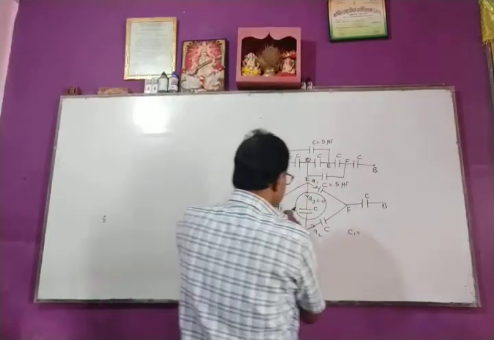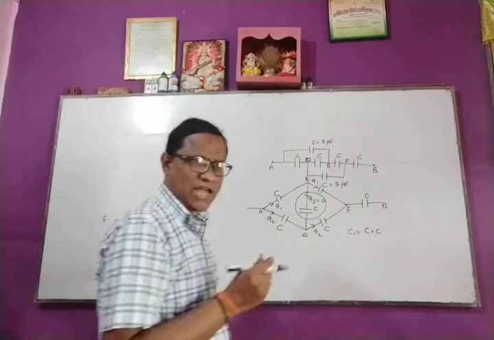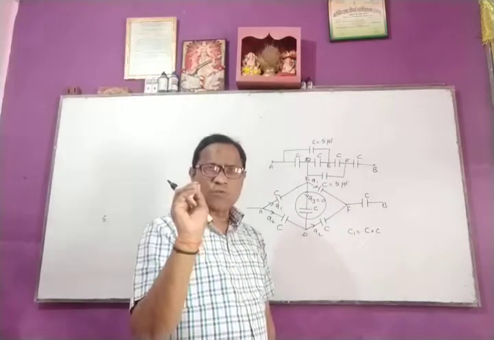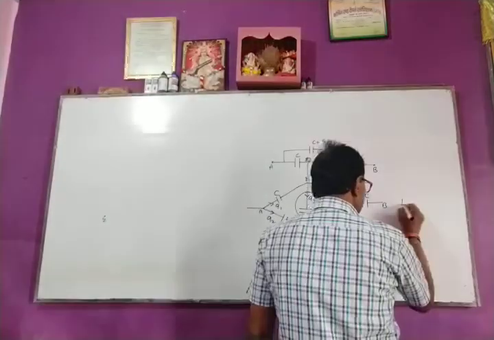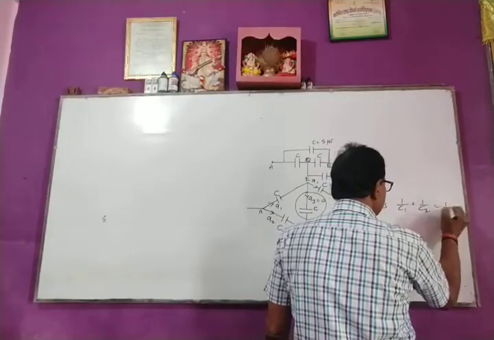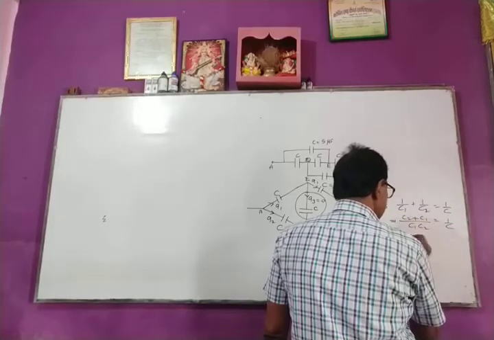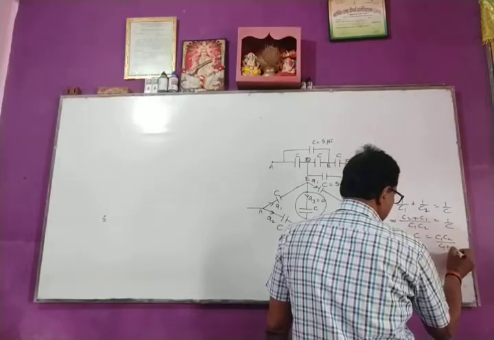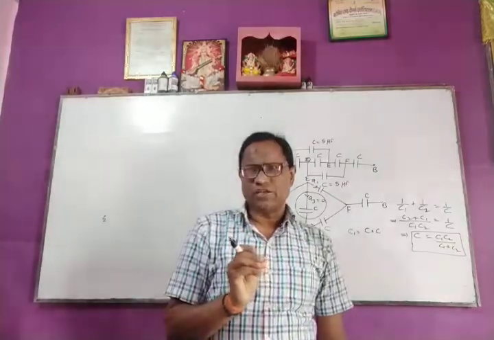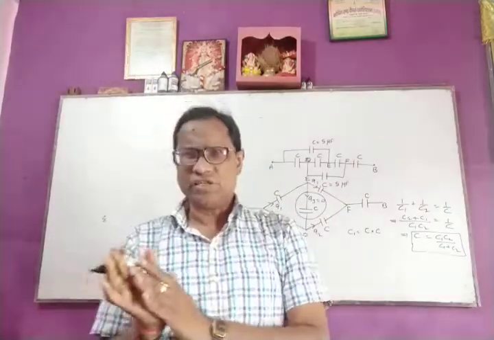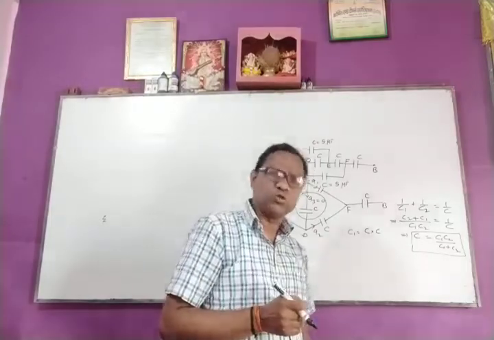C1 is equal to C plus C in series. So first let us know, in case of two capacitors in series, we can apply the formula 1 by C1 plus 1 by C2 is equal to 1 by C. So C is equal to C1 C2 by C1 plus C2.